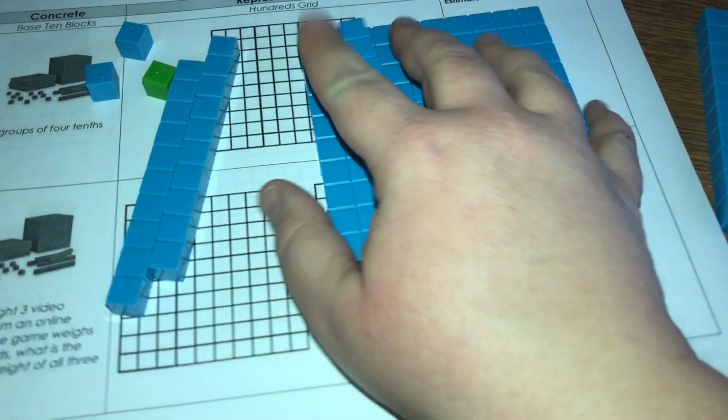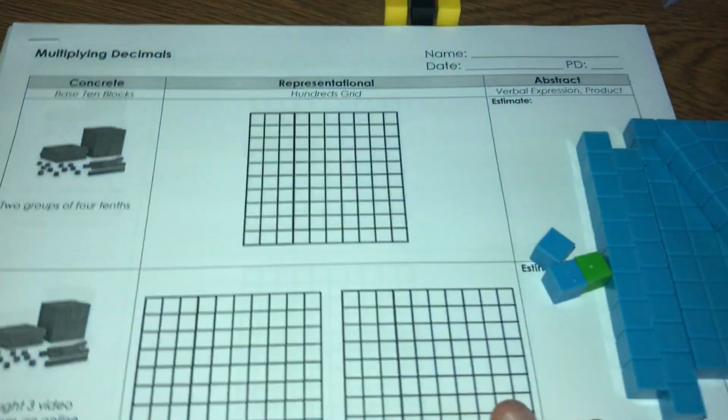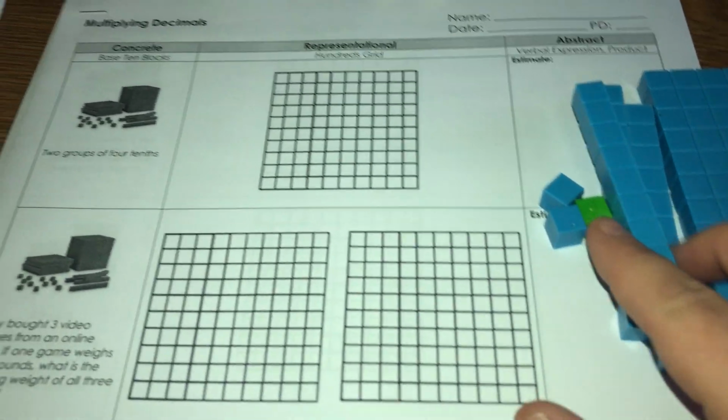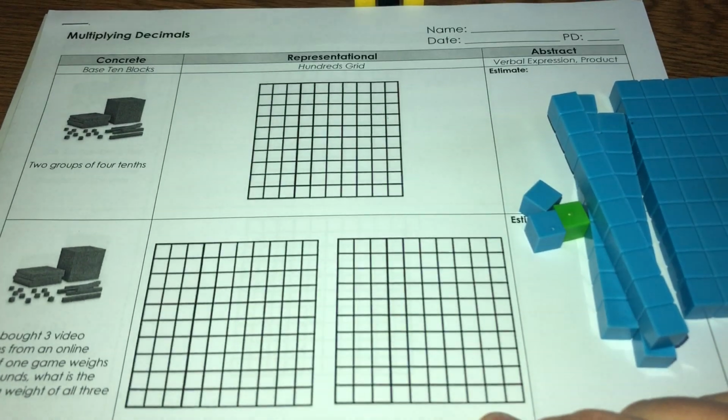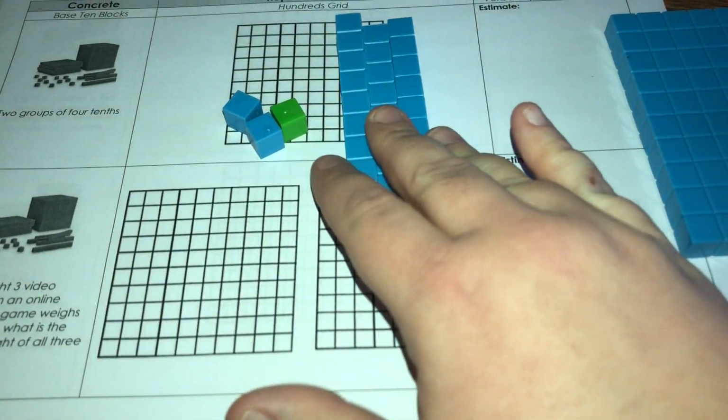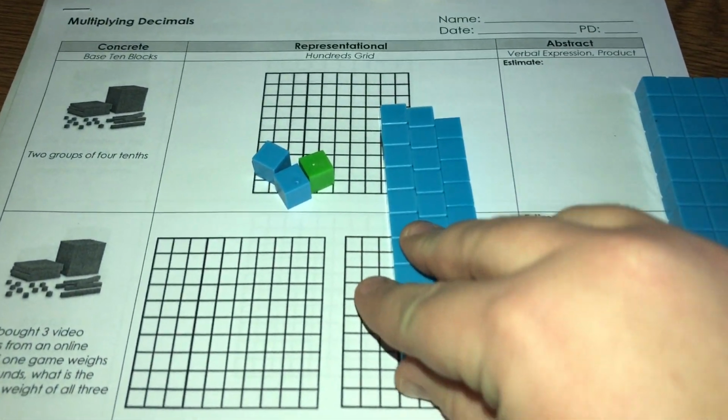Okay, so let's start with modeling first. I gave you a small bag of these to take home, so bring these back tomorrow, don't forget. We're going to model the first one, 2 groups of 4 tenths. Which pieces would you need to use in order to model tenths?